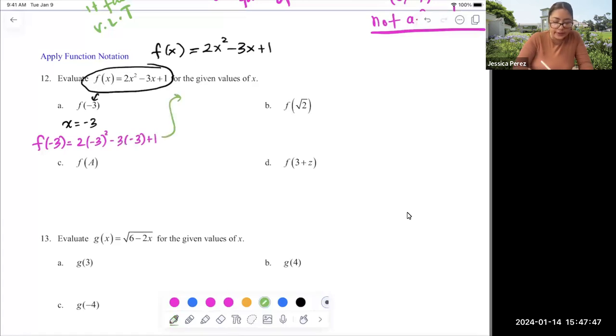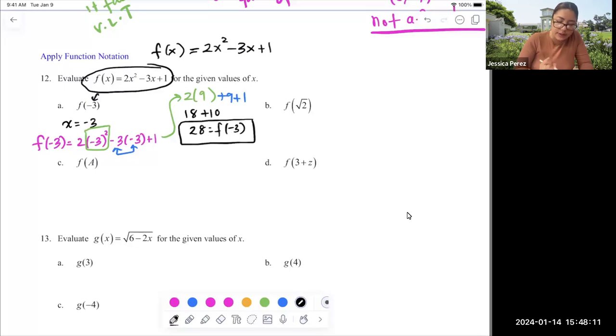Okay, and then we clean it up. The inside is 2 times 9, because negative 3 times negative 3 is 9. And then, of course, negative 3 times negative 3 gives plus 9, and then a plus 1. So then here is 18 plus 10, 28. This is f of negative 3, and that is our answer. Our solution is 28. Now for letter B, same idea.